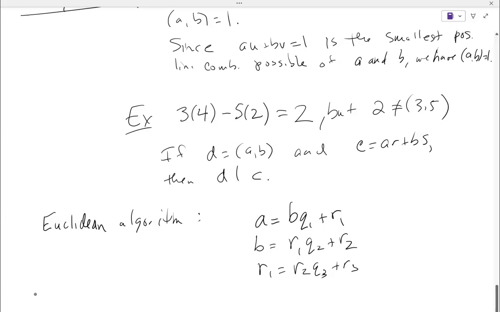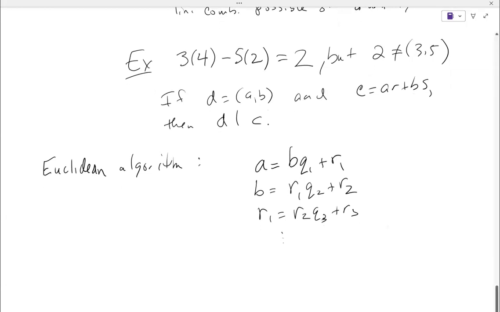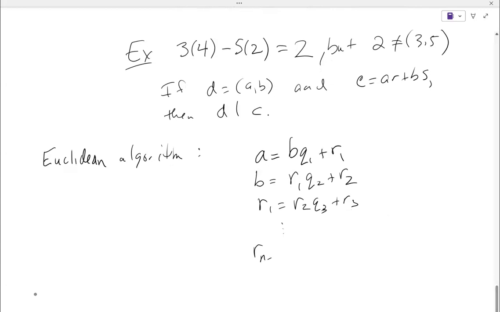Just keep dividing, with your remainders getting smaller and smaller. Eventually, since your remainders always get smaller, this has to stop, right? So eventually you have to get to something that is evenly divisible. It has to stop. And so this number here is your GCD.